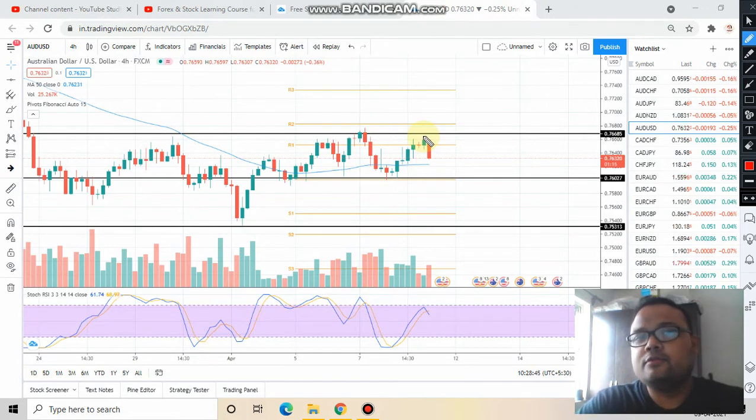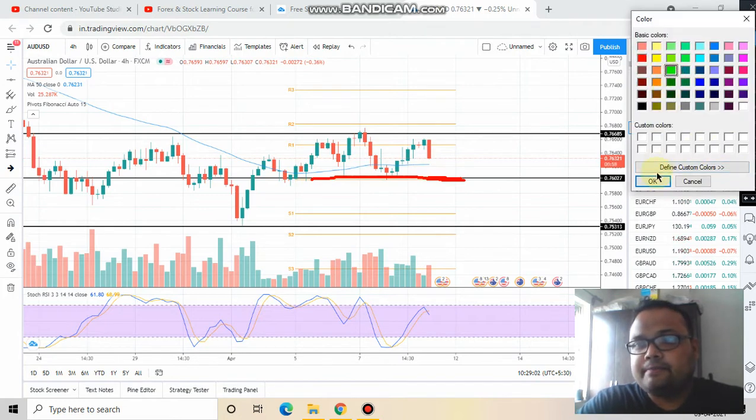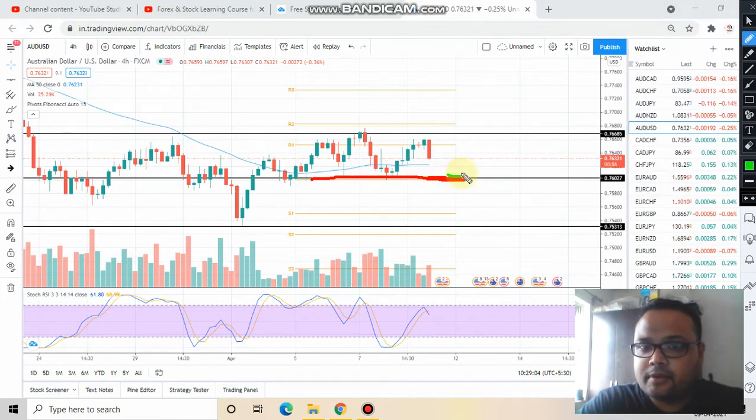If you're looking for a fresh opportunity, you'll have to wait for the market to come down to this particular level, because market has got some support at this level. When market reaches this level, just observe the price. If you see that price is about to reverse from here, then you can buy just above this support. This is your support 1, this is your support 2 and this is your resistance.